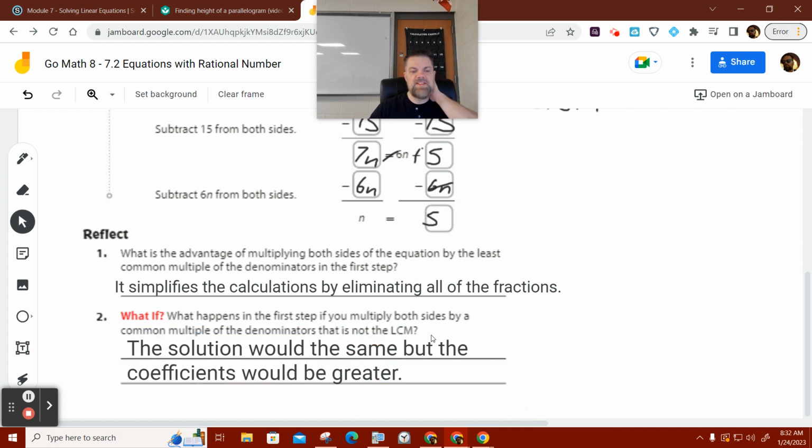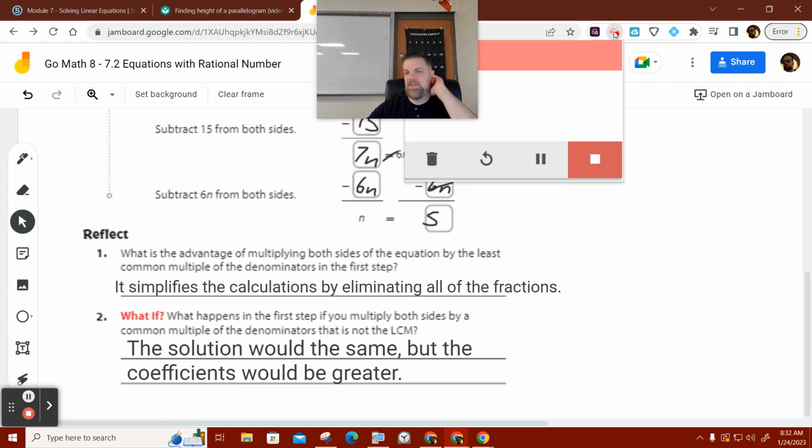So the solution would be the same, but the coefficients would be greater. Okay? That makes the math a little harder because you're multiplying by 100, first of all, and then you're multiplying and dividing very large numbers, and sometimes that's not as easy to do in your head. Okay? Any questions? All right. I'll leave that up there for you guys to kind of finish.